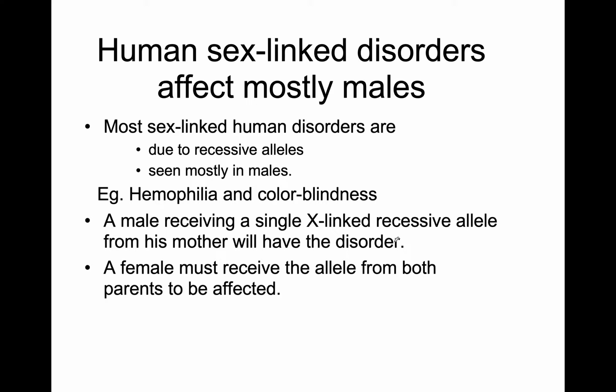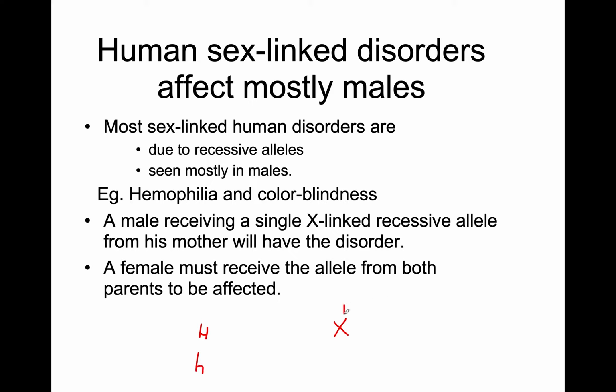So human sex-linked disorders affect mostly males. Why is that? Well, first of all, many sex-linked human disorders are recessive. So why do we see them in mostly males? Because males receive a single X chromosome. If you think about it, let's talk in terms of hemophilia. If we say normal is big H, a hemophilic patient would have the little h allele.